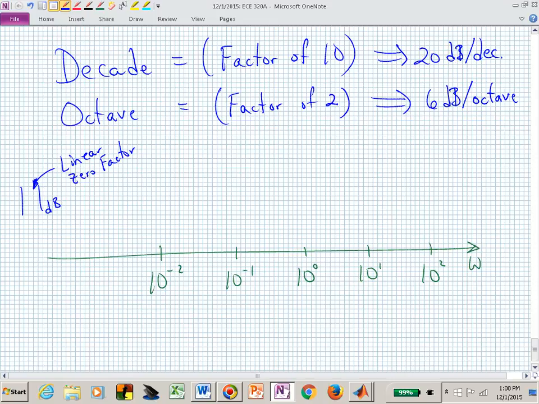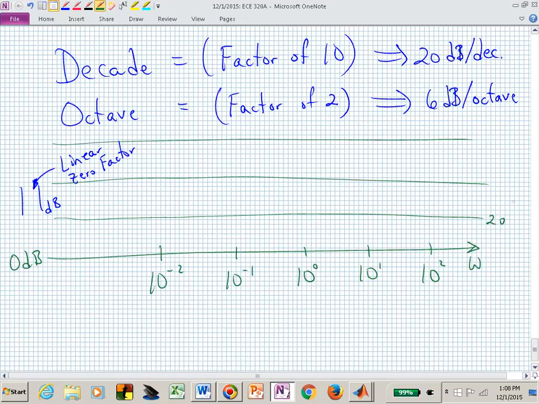I'm going to assume that this is now 0 dB. And if I had some guidelines, if this was now 20, 40, 60 dB, hopefully those will help me sketch this magnitude of the zero factor.